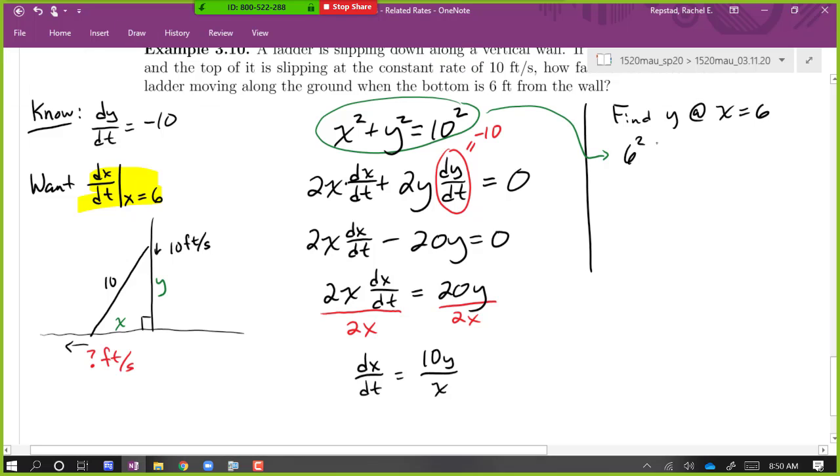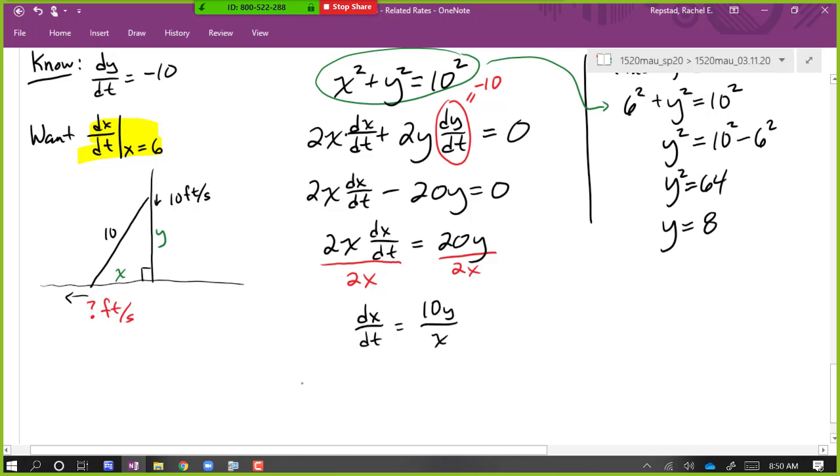So 6 squared plus y squared equals 10 squared. 10 squared minus 6 squared is 100 minus 36, which is 64. And that means that y is equal to 8. Given the restraints of the problem, y is going to be positive, so I don't need to consider the negative root there.